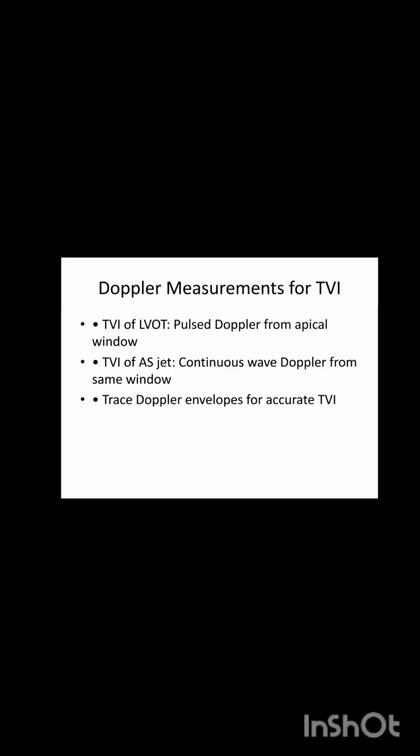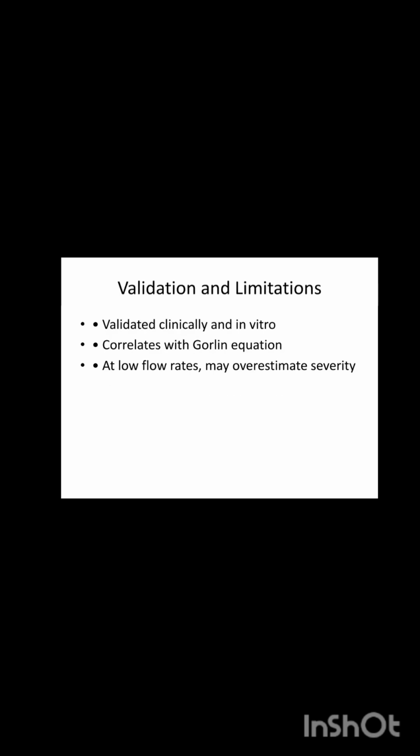For the Doppler measurement, the time velocity integral of the LVOT is obtained with pulse wave Doppler from the apical window. The time velocity integral of the aortic jet is obtained with continuous wave Doppler from the same window, tracing the Doppler envelopes for accurate time velocity integrals.